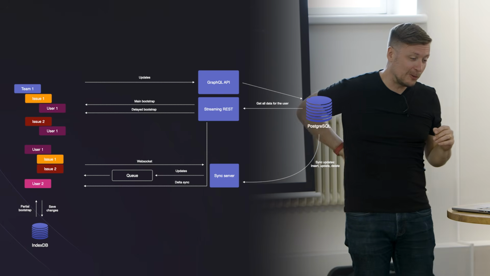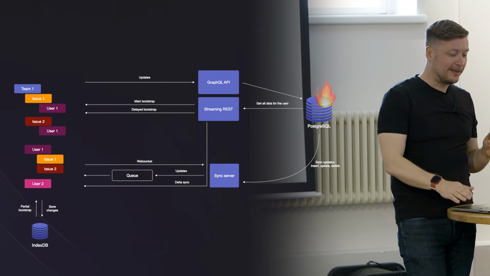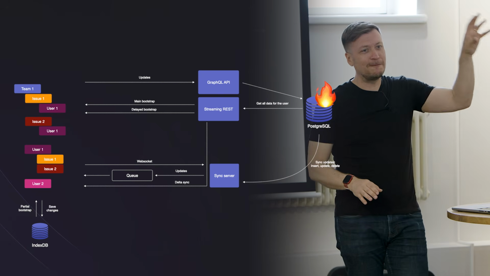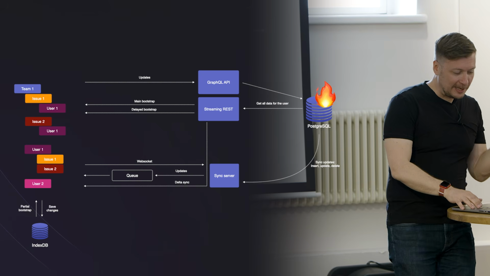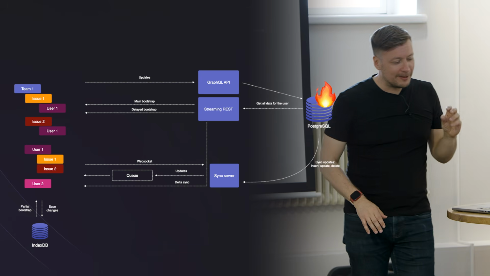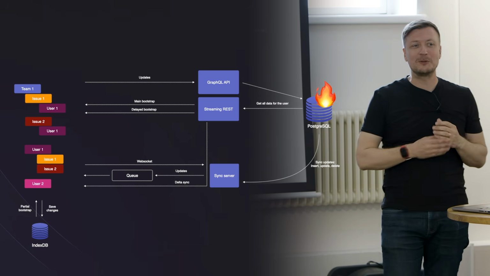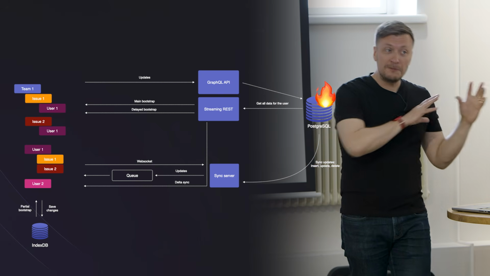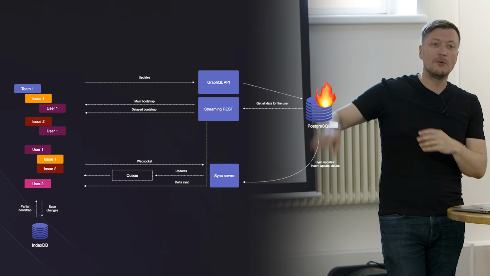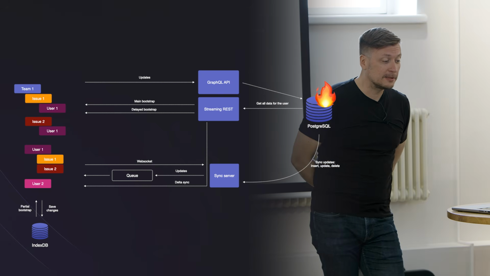Everything is going well. And then, if you saw how that flame has moved around, obviously we've now fixed the streaming REST endpoint, and then the flame reaches the Postgres database itself, because we've just moved load over to the next place in time.